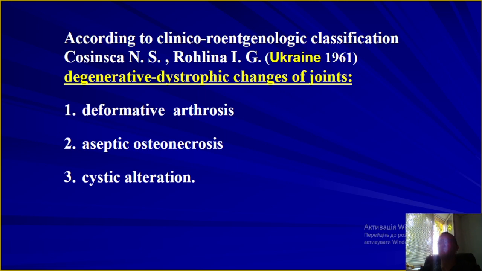In the case of deformative arthrosis, the primary focus is change in the cartilage and the subchondral bone. But during the development of deformative arthrosis, aseptic necrosis of some locuses of the joint, and finally cystic alteration of subchondral bones, will accompany this problem. On the other hand, aseptic necrosis will lead to the development of cystic alteration and deformative arthrosis as well.